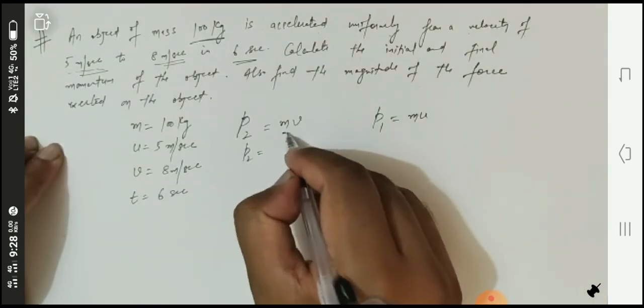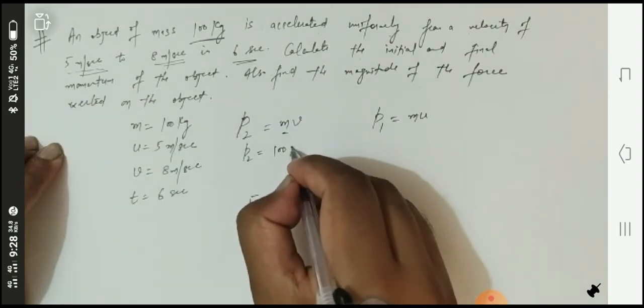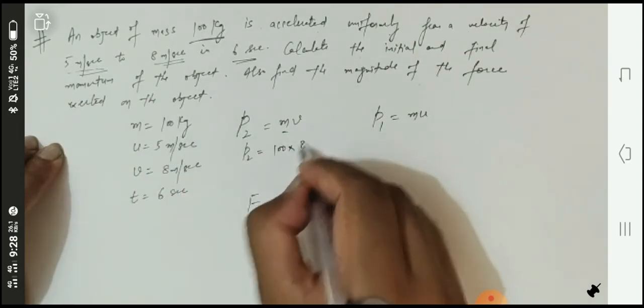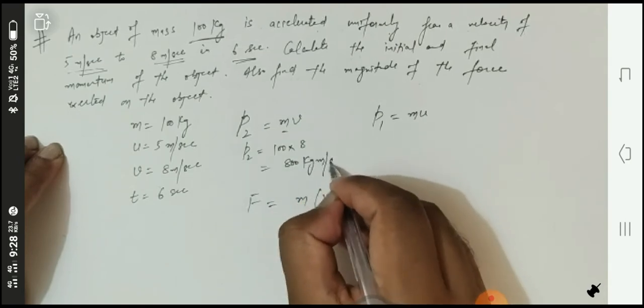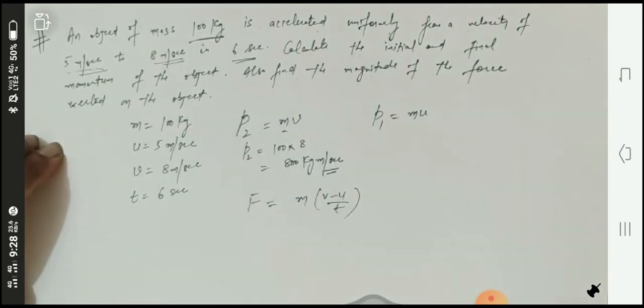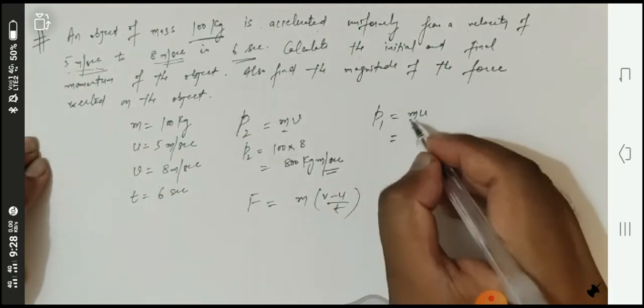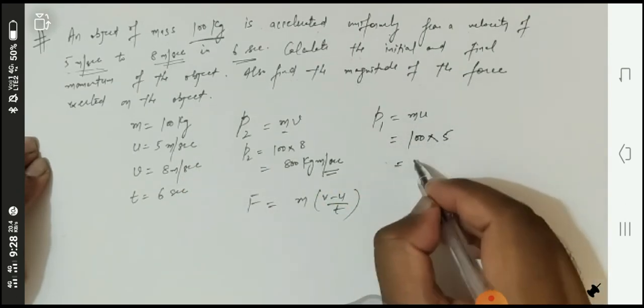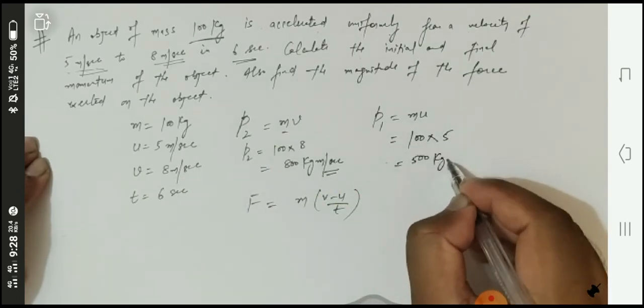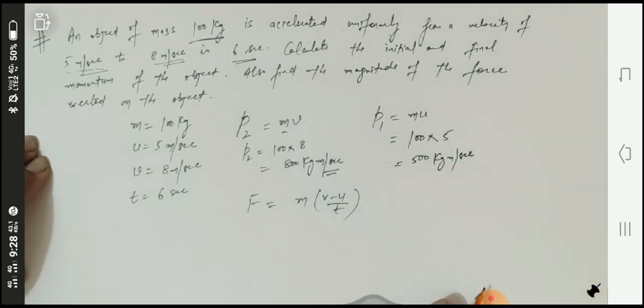P2: mass is 100 and the final velocity is 8. So 8 into 100 becomes 800 kilogram meter per second. The SI unit of momentum is kilogram meter per second. Initial momentum is mass into initial velocity, that is 5, so it becomes 500 kilogram meter per second.